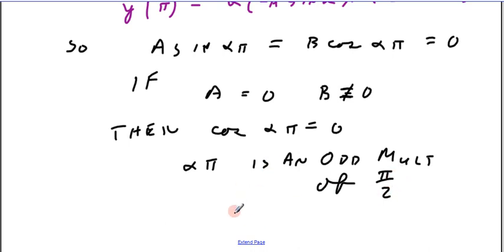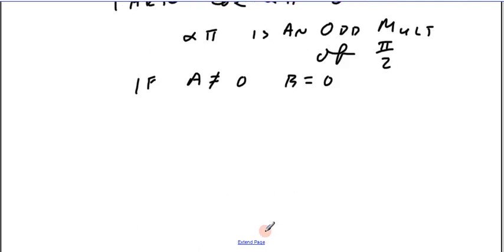Okay, so what we're going to do is say, well, we'll continue on. The other case, if a is not equal to 0, then b has to be 0. I don't have a choice. And then the sine of alpha pi has to be 0.